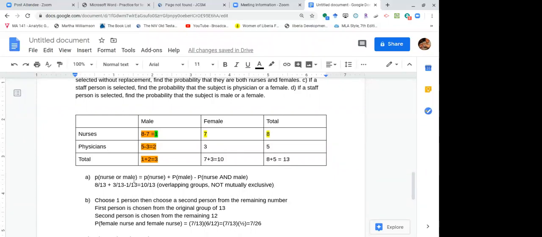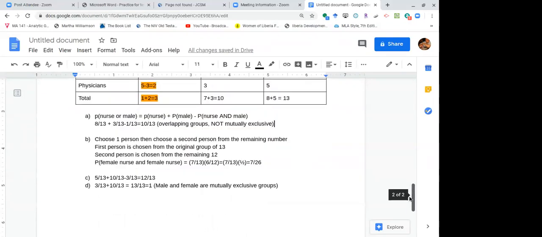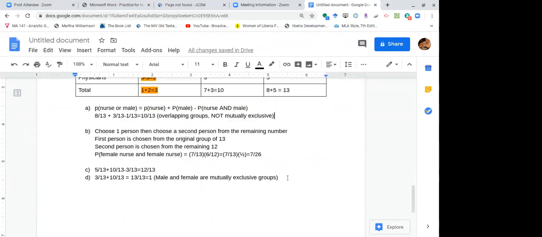When you have nurse or male, minus nurse and male, right? We could conceivably do the same thing down here. If you memorize the formula, you could say, well, this is the probability of being male or female, right?